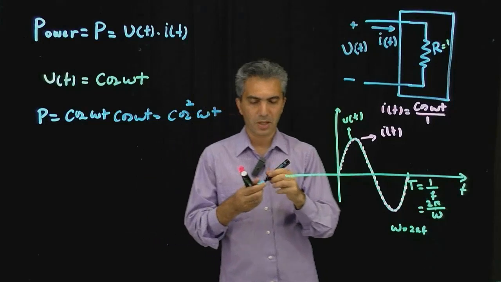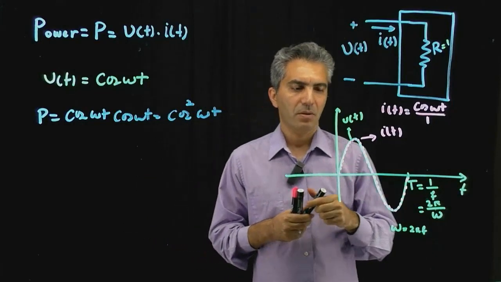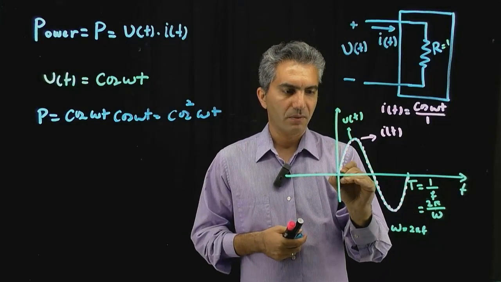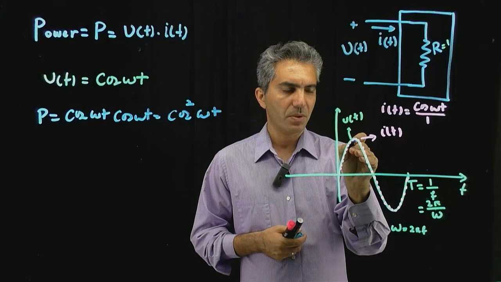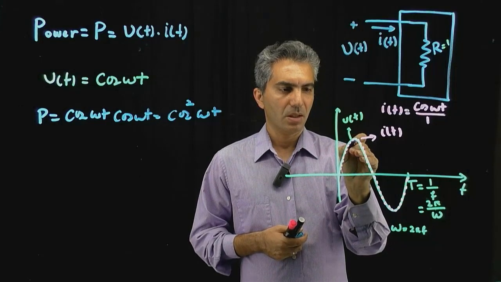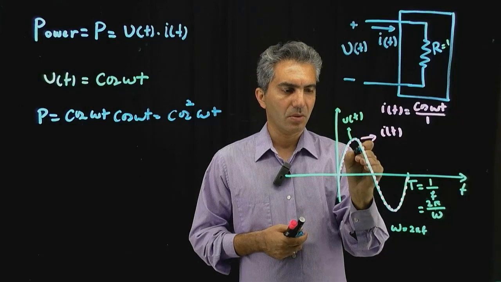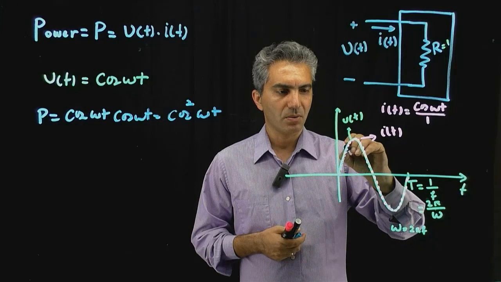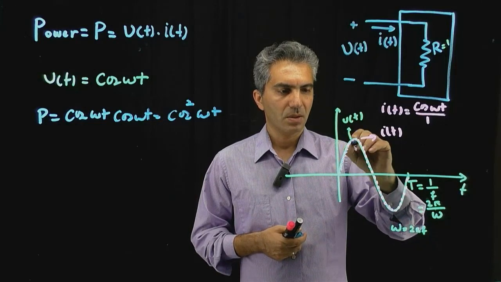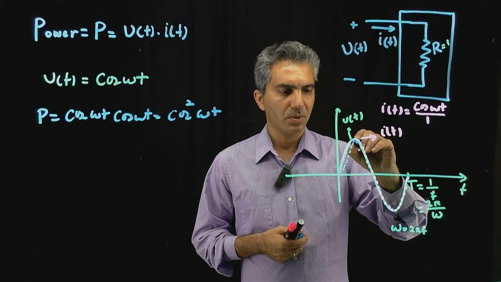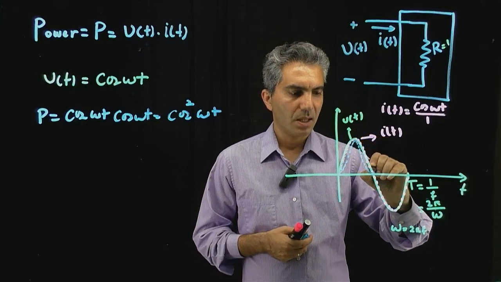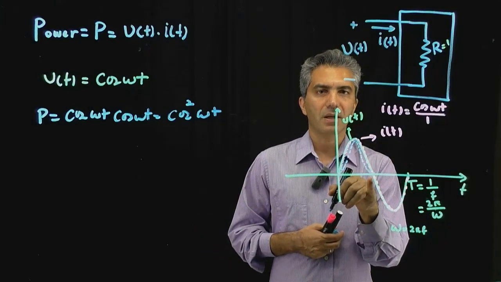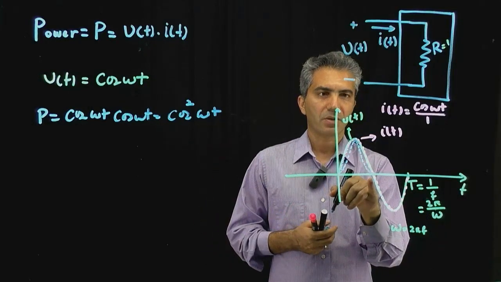So how does this look if you want to show it here? Well, it's not that hard to see that down here the value is 0 all the way to this point where it becomes a maximum, and then it goes down to 0 again. But now something interesting is going to happen. It goes up, reaches a maximum, comes down, and then when the voltage is negative, the current is also negative, and the two multiplied by each other actually becomes a positive number.